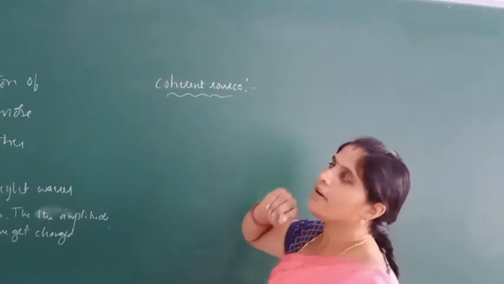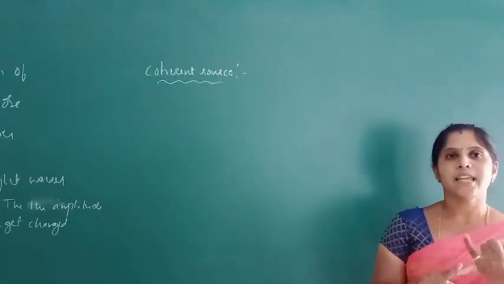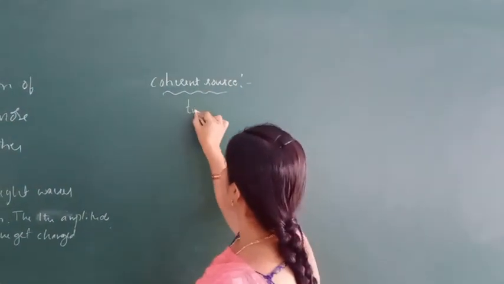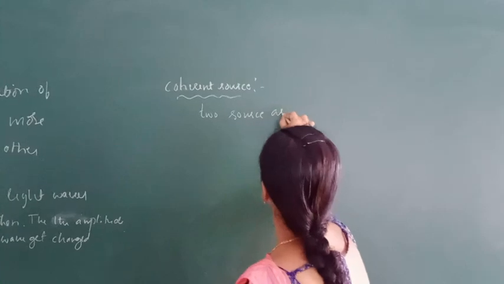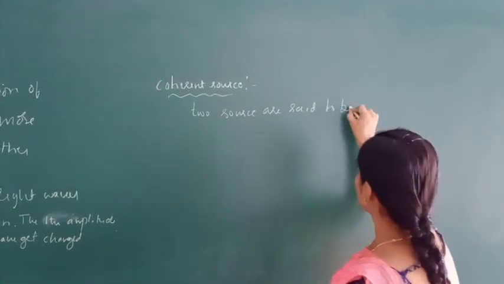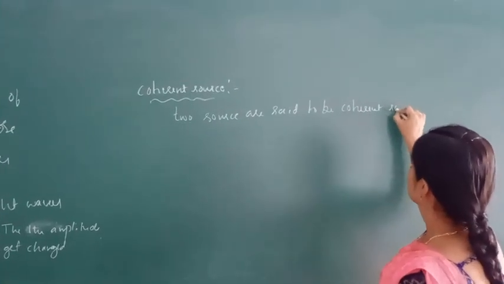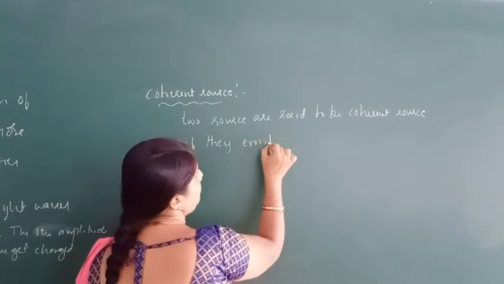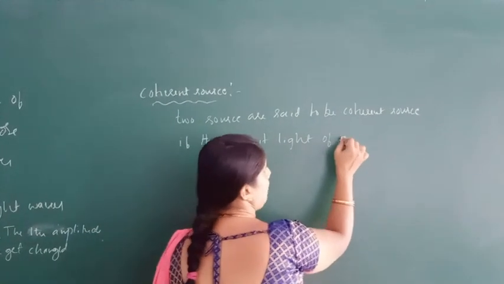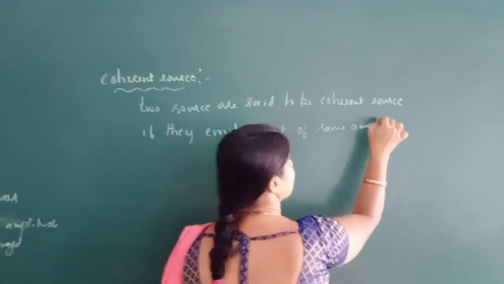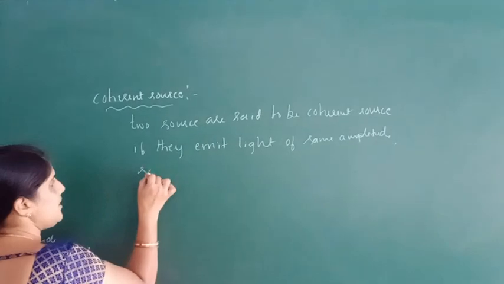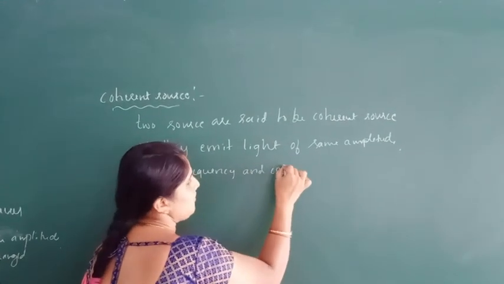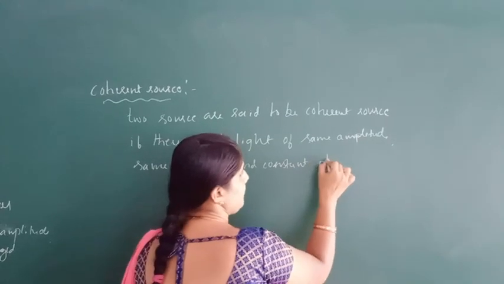Two or more sources are said to be coherent sources if they emit light of same amplitude, same frequency and constant phase difference.